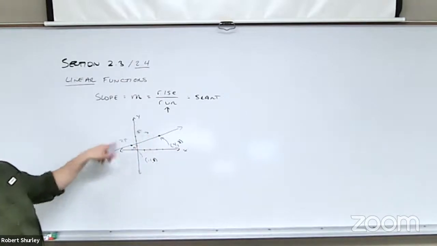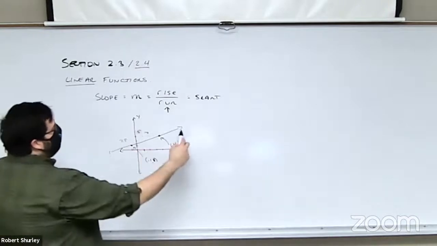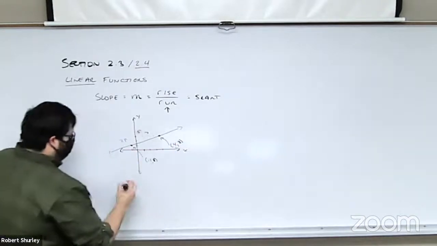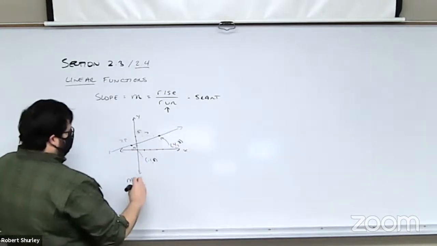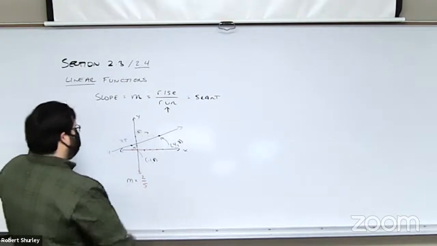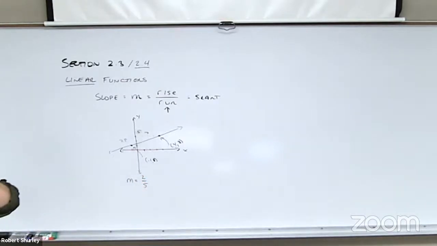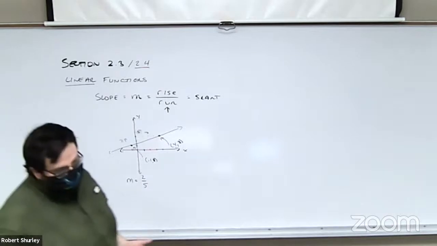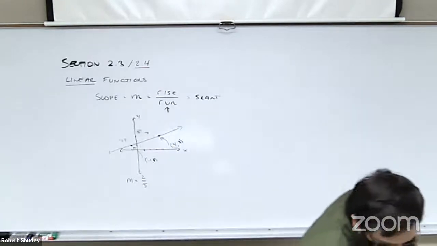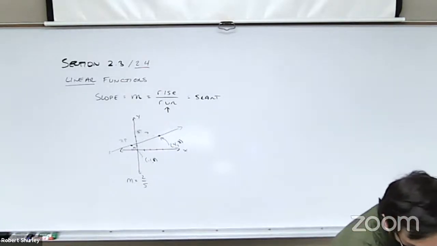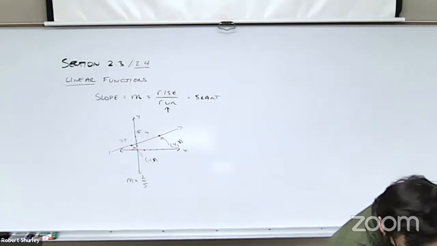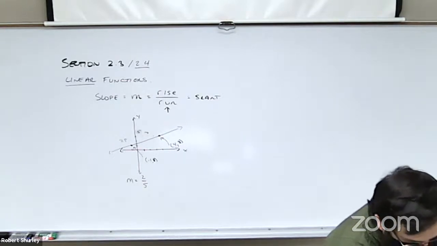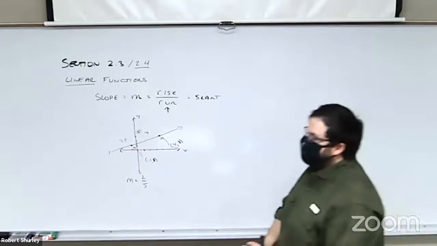So we're rising 2, we're running 5. So the slope of this line, the slant of the line, is just 2/5, okay? So that's a way to find the slope without having to do the equation, which I haven't got to yet, but I'm hoping that you have seen that before. It's hopefully not your first time to see this.